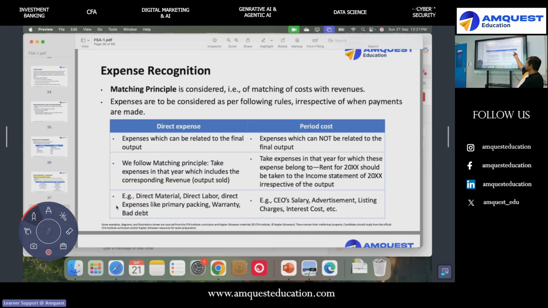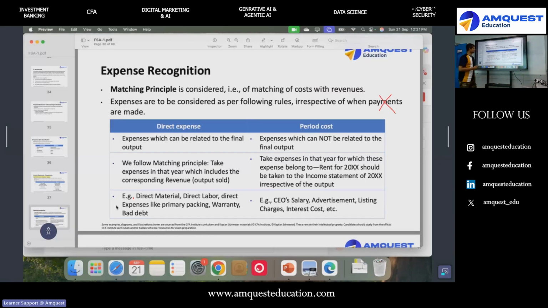Are we clear? Same here, expenses also are to be done based on the rules. It is not based on payment. Payment is not my criteria. I hope you know that by now, right? So remember, under expenses there are 2 types, direct and indirect or period cost. If it's a direct expense, it means I can directly relate it to the final product.